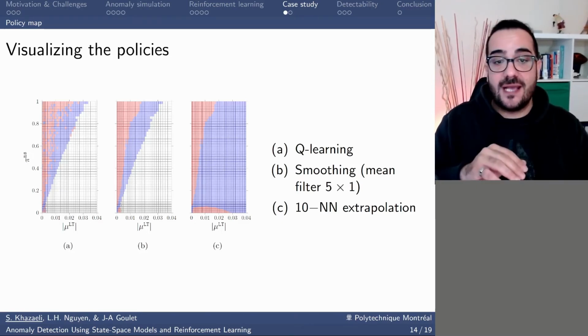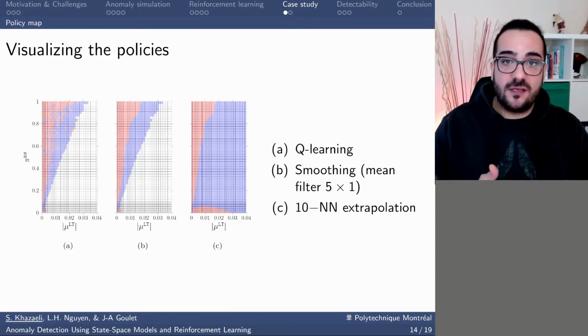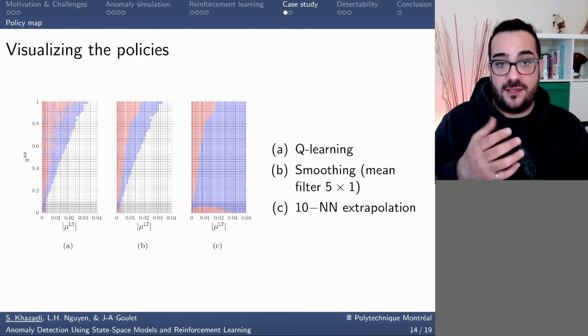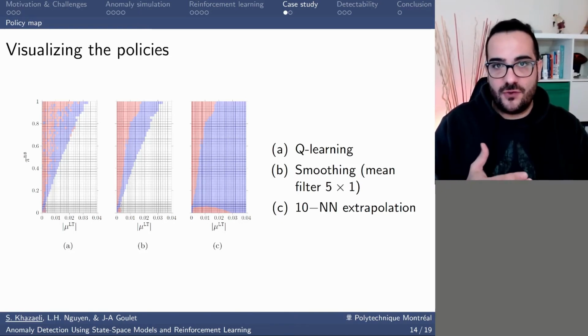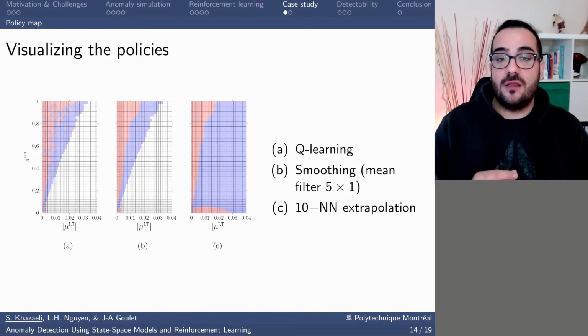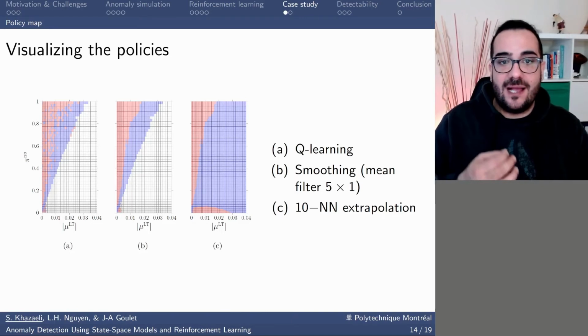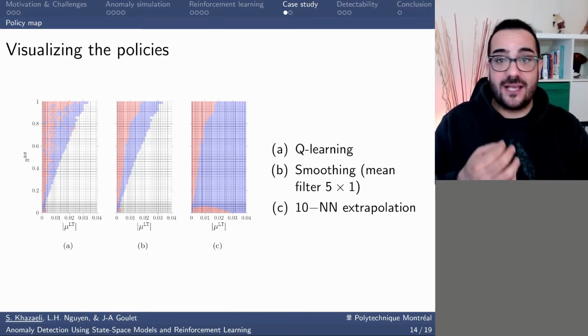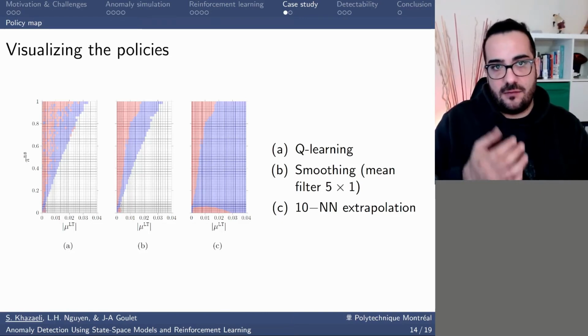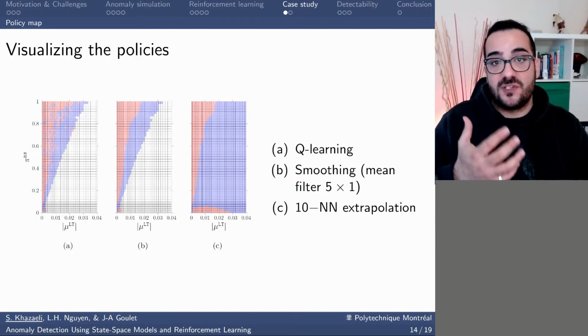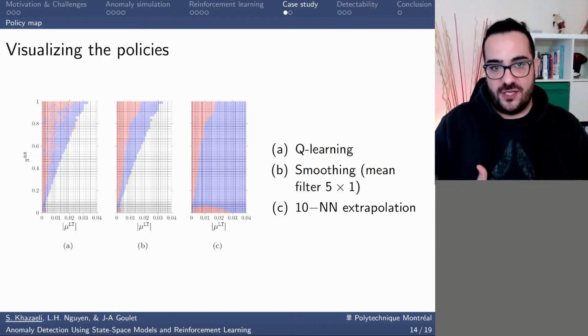The horizontal axis is the mean trend, and the vertical axis is the probability of non-stationary regime. The colors are the policy of the agent, or the actions that should be taken for each state. The red color represents triggering the alarm, the blue color indicates doing nothing, and the white color represents the states that aren't visited by the agent.